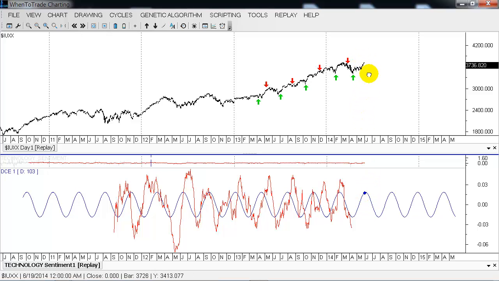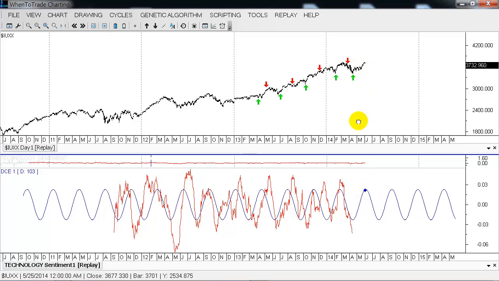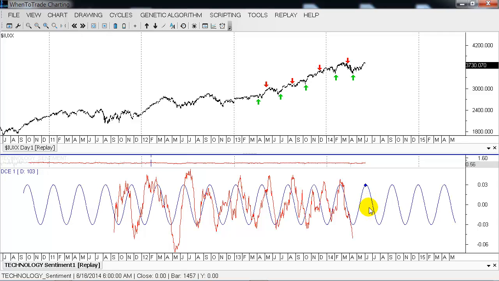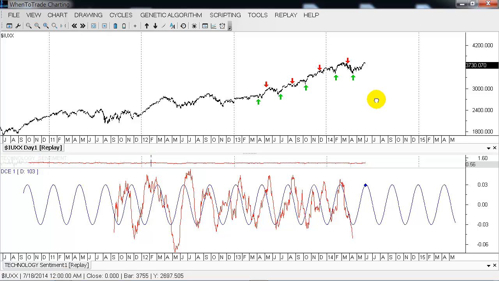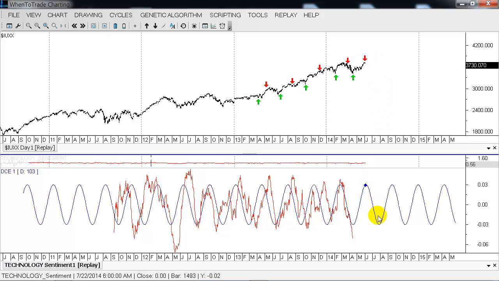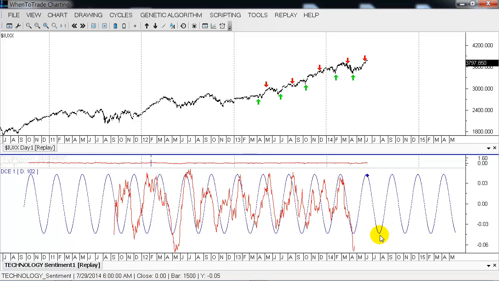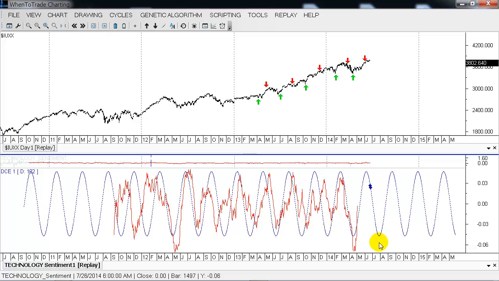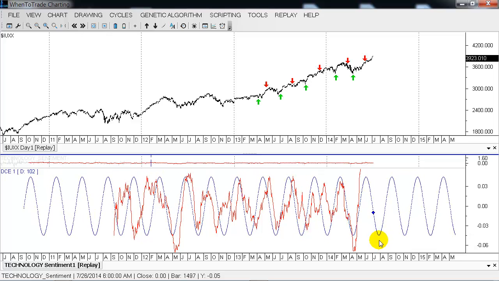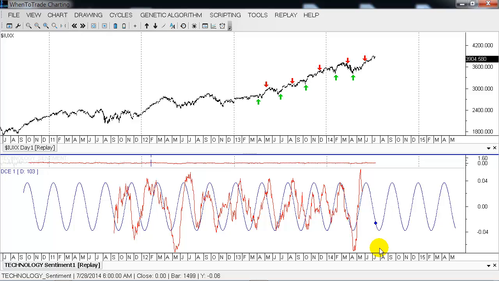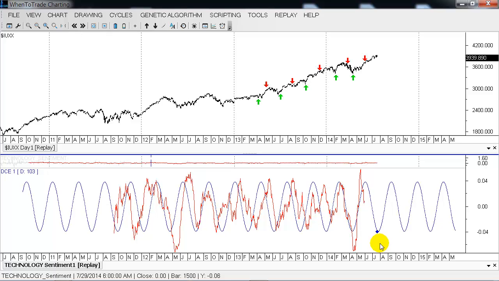So we will closely monitor price here. As it looks to turn now in this period here, we would expect the market to top here somehow, and now we would expect a downturn into end of July. So we will move forward in time into the period of July.